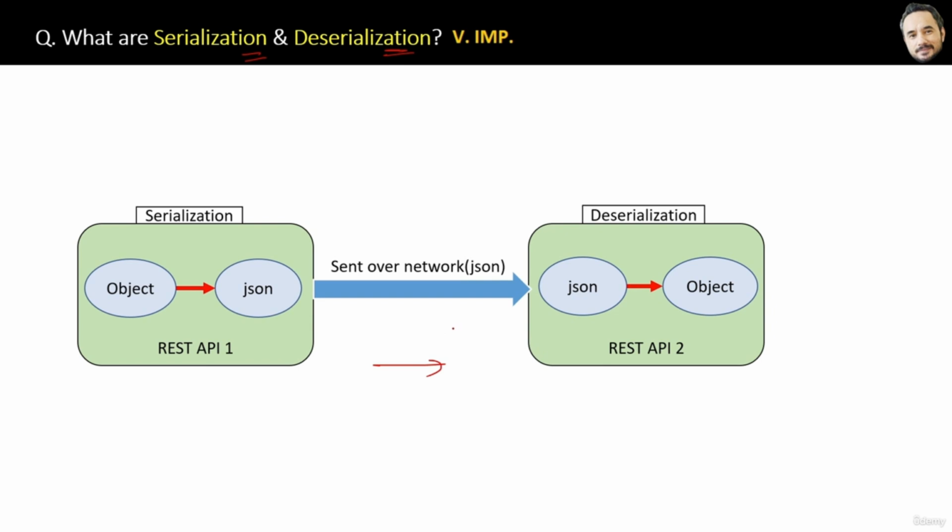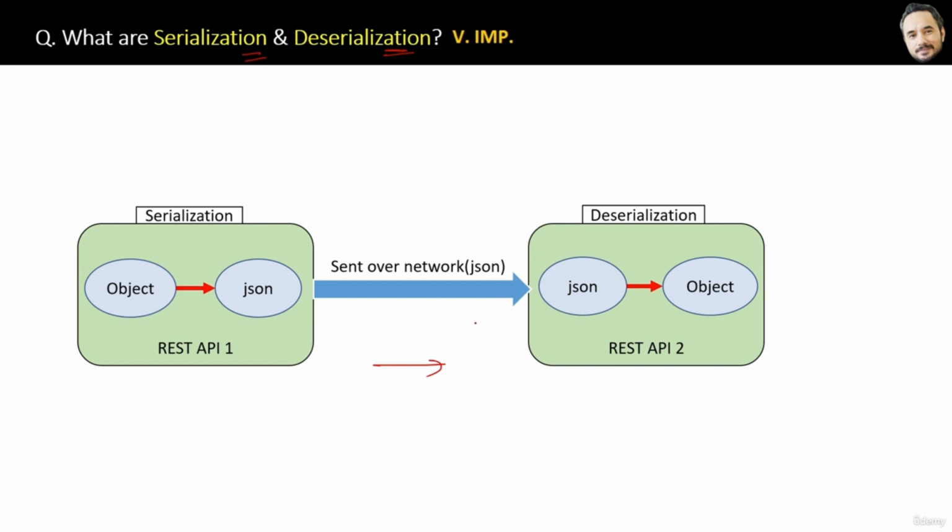Okay, clear? Now you may ask why we are not directly passing the object. The reason is, some APIs are created in Java, some in .NET, some in Node, different technologies, and every technology handles objects differently. Therefore, first we convert the object to JSON, because JSON is common for every API, every technology.